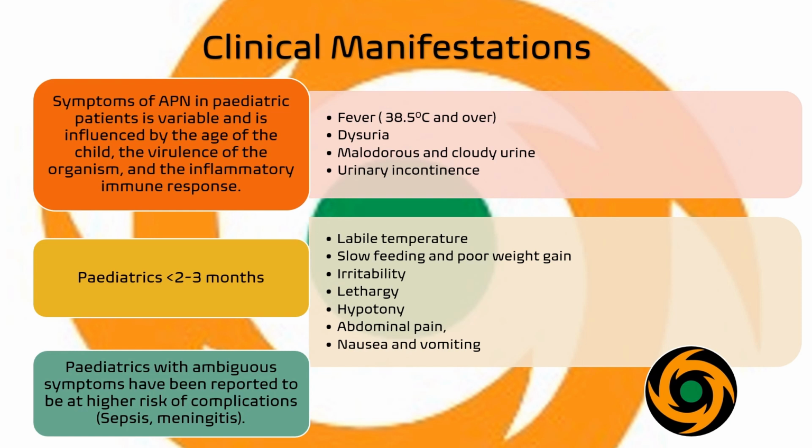Related to the clinical manifestations, symptoms of acute pyelonephritis in pediatric recipients are variable and influenced by the age of the child, the virulence of the organism, and the inflammatory response of the immune system.